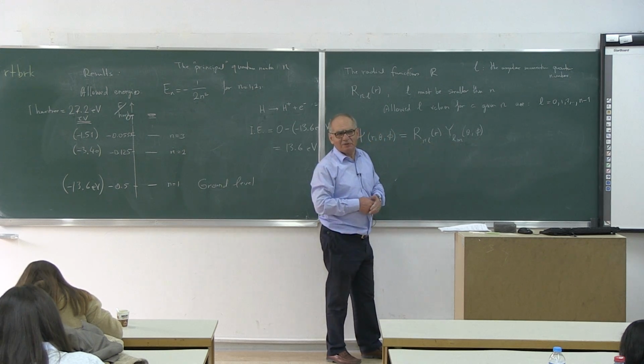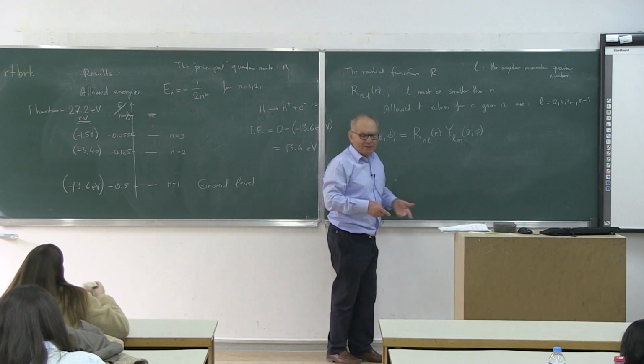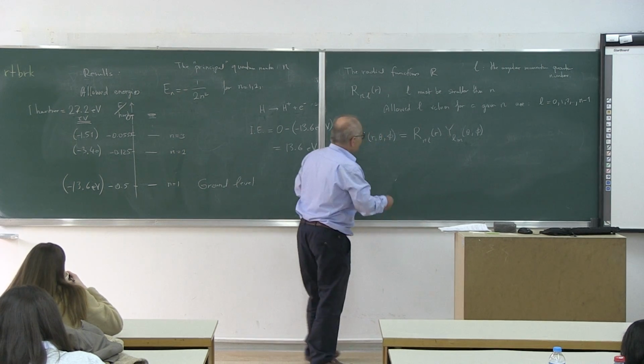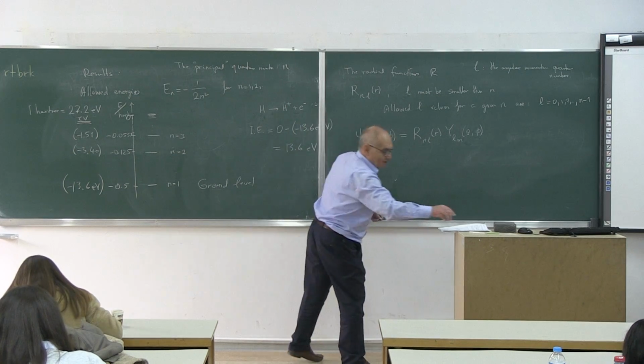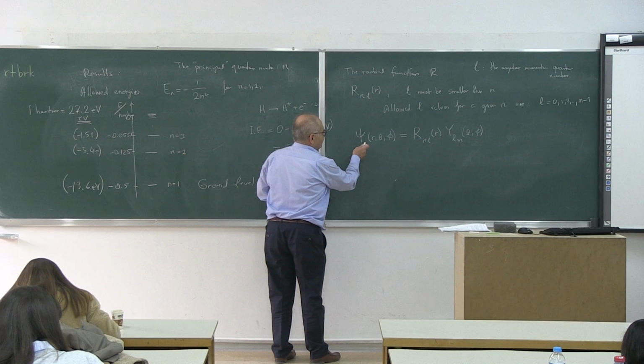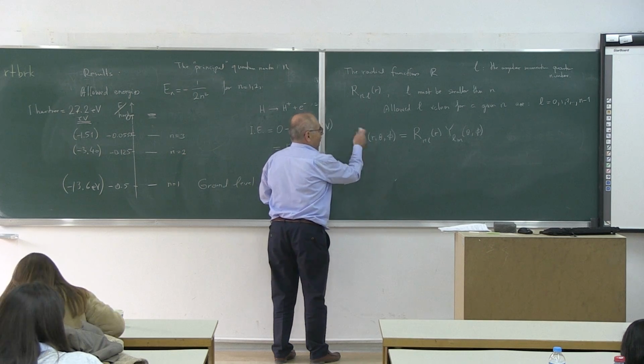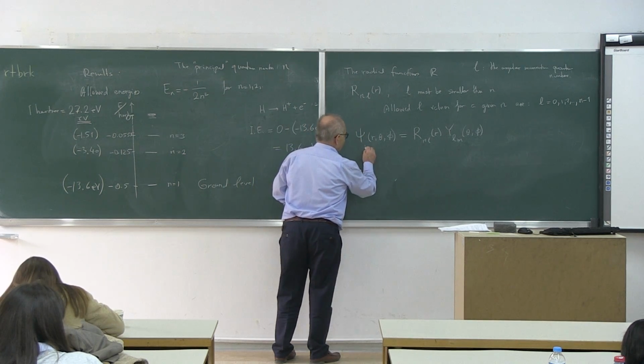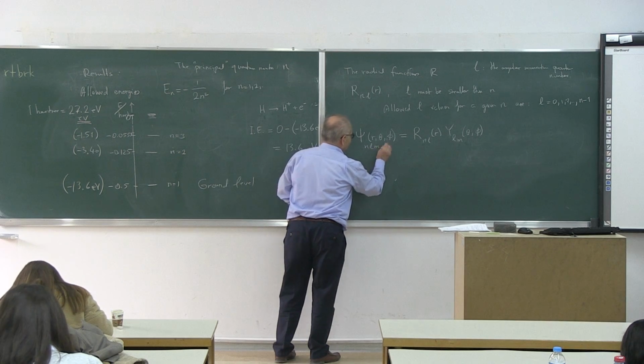The m quantum number is called the magnetic quantum number. But these are just names. So the same indices are written as subscripts to the full function. So here, n, L, m.